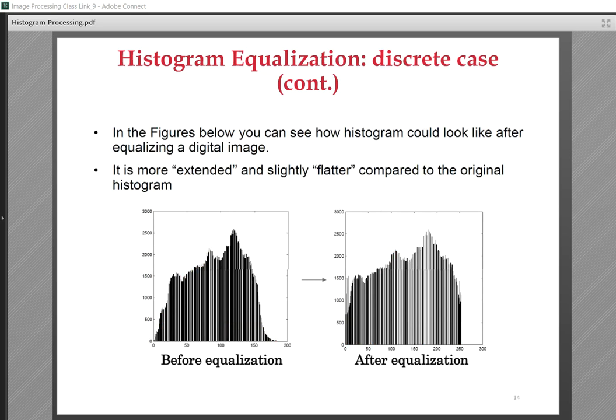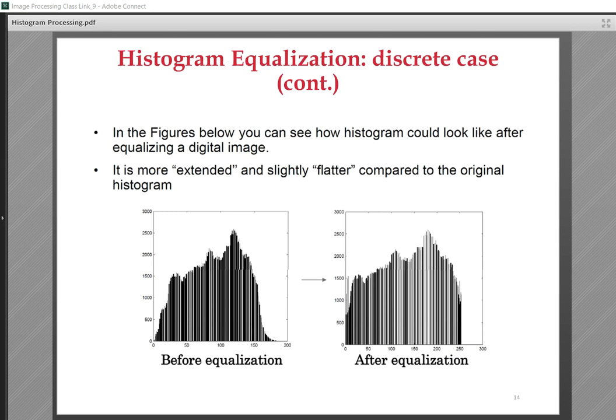That means the range of the resultant intensity is larger than that of the original image. This is increasing the dynamic range, or expanding, extending, or stretching. All of these mean the same.